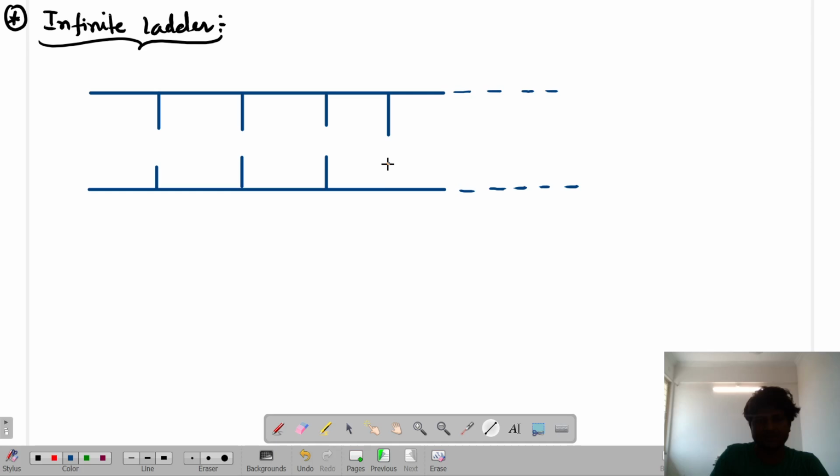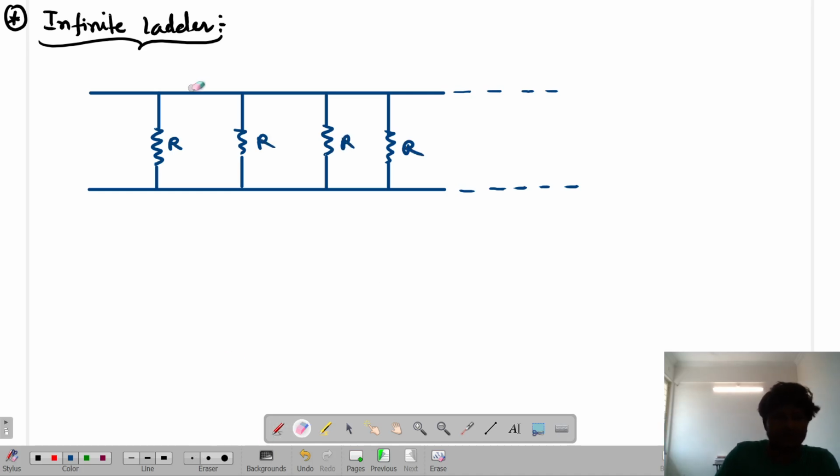Something like this. इस तरह से बना के देते हैं, है ना? बोलते हैं कि यहाँ पे एक रेजिस्टर है, let's suppose R, और इन सारे पॉइंट्स के बीच में भी एक रेजिस्टर. मैं यहाँ पे भी नहीं मान रहा, ठीक है.